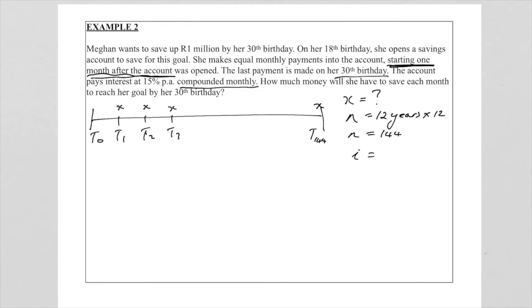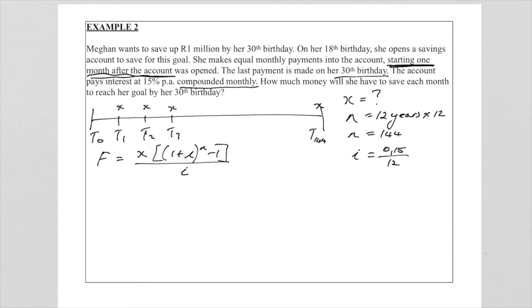Our interest rate is at 15%. So 0.15, that's now if I take 15% to a decimal number, and I divide it by 12 because it is compounded monthly. So now for our future value formula again, ((1 plus i) to the n minus 1) over i. And now we substitute.